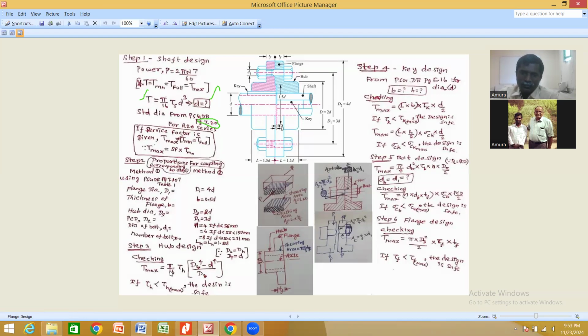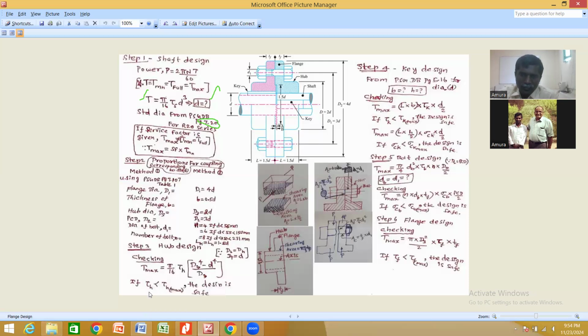Here the torque is equal to pi by 16 into shear stress of hub into (outer diameter of hub power 4 minus inner diameter of hub power 4) divided by outer diameter. The outer diameter is equal to T2, which we have already taken as 2D in method 2, and this is from the data book. And Di is nothing but the internal diameter of the hub, which is equal to the diameter of the shaft, because the shaft is seated on the internal diameter of the hub.